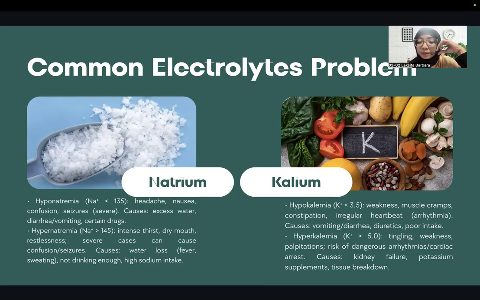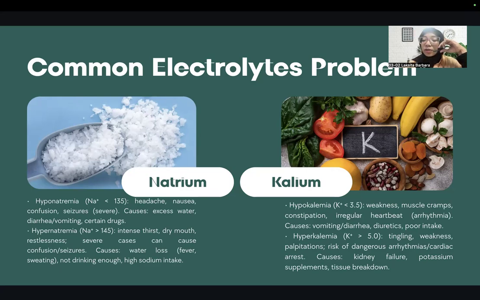Electrolyte problems in potassium or kalium can be hypokalemia or hyperkalemia. Hypokalemia can cause weakness, muscle cramps, constipation, and irregular heartbeat. The causes of hypokalemia can be vomiting or diarrhea, the effect of diuretics, or poor intake of kalium or potassium.